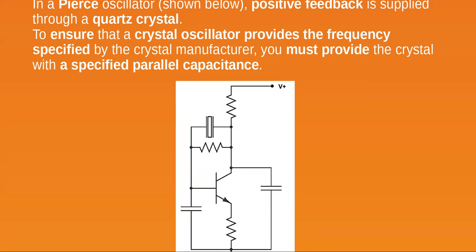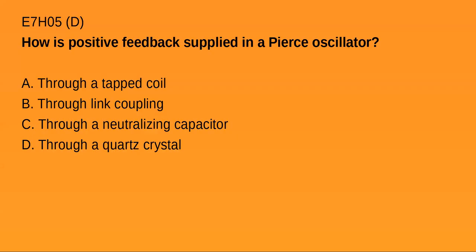And it can vary depending on the cut of the crystal and the frequency. But you can roll your own, and sometimes they'll oscillate without the capacitor. How is positive feedback supplied in a Pierce oscillator? Delta.